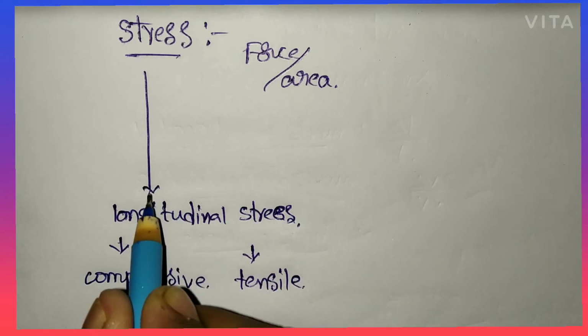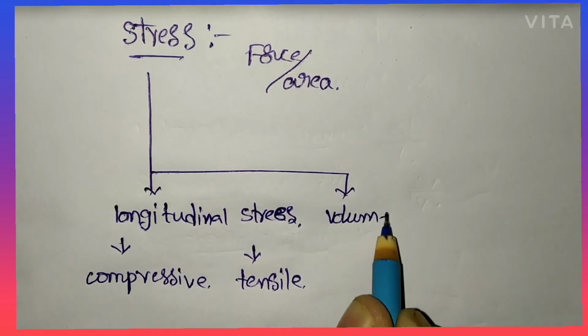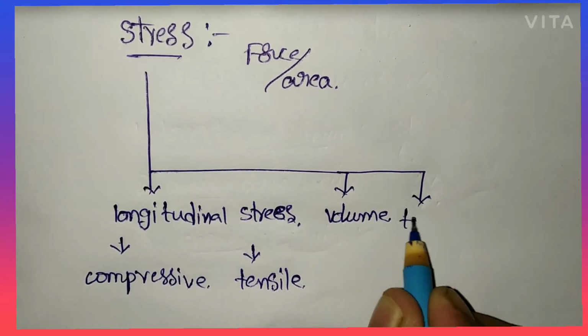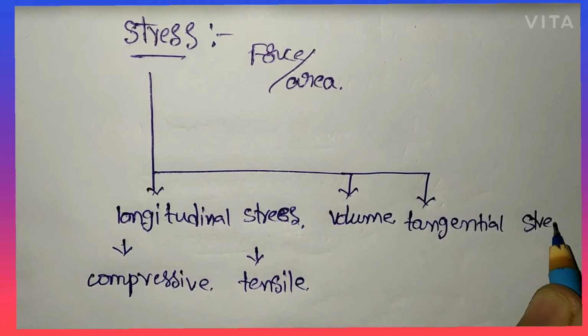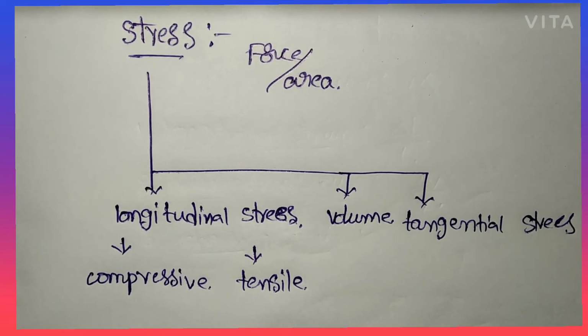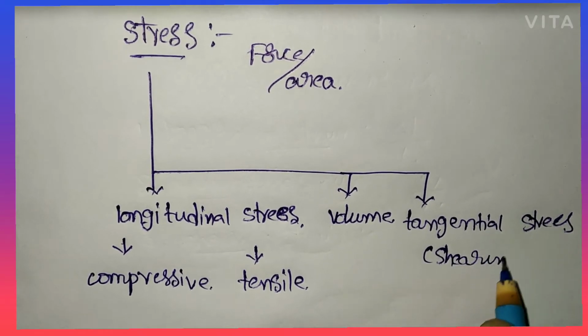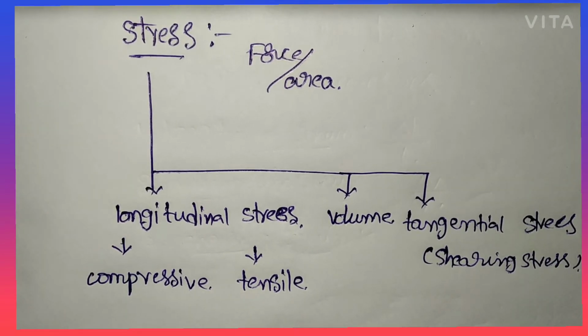Another stress is volume stress. And the third stress is tangential stress, otherwise known as shearing stress. If you apply a force tangentially, a slight angular change will happen.